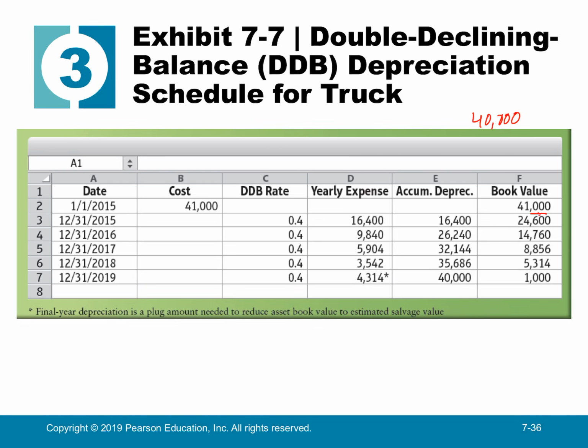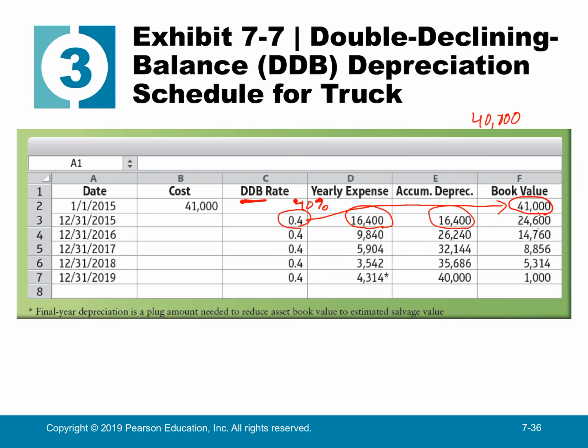What we do is we start with the full purchase price, $41,000, and our double declining rate, 0.4. This is just coincidence that it matches the units of production 40 cents per mile. This is 40% that we're referring to. We're going to take 40% times this previous year, 41,000. That's going to give us our yearly expense.